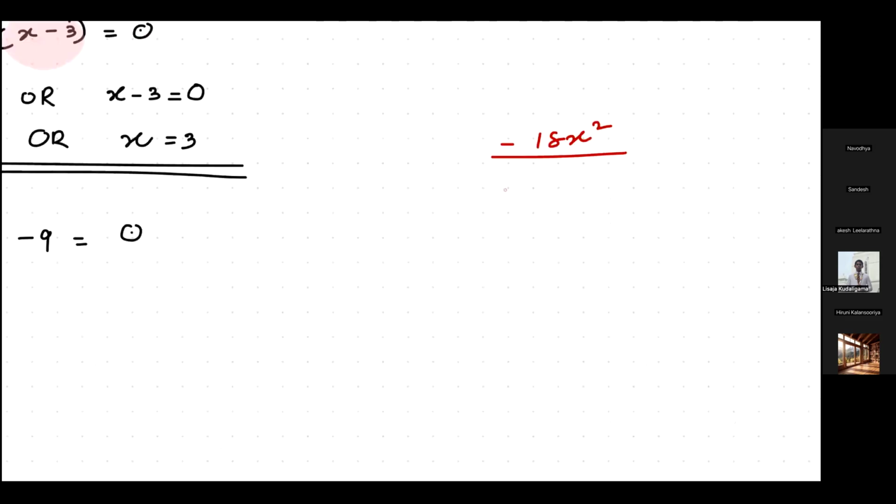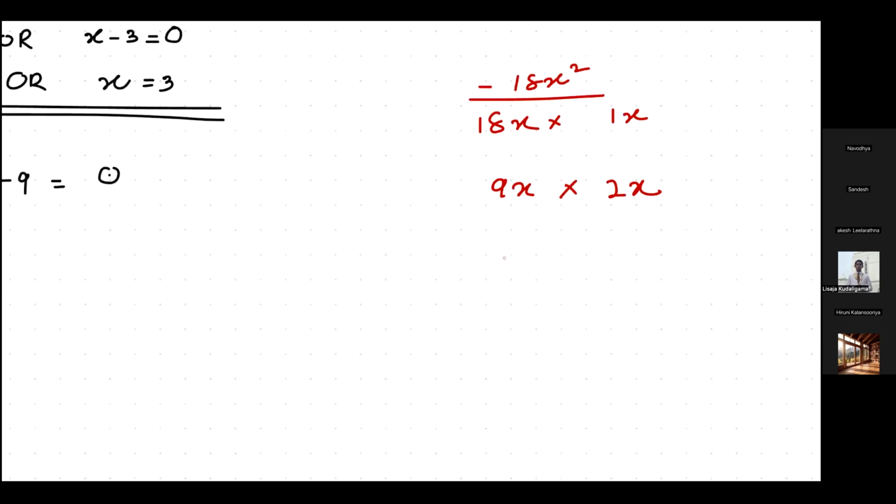So 18x multiplied by 1x. Then 9x multiplied by 2x. Then 6x multiplied by 3x. 18x squared එනවා. ඒකත් දැන් මෙතන answer එක minus නේ. Answer minus means different signs are multiplied.